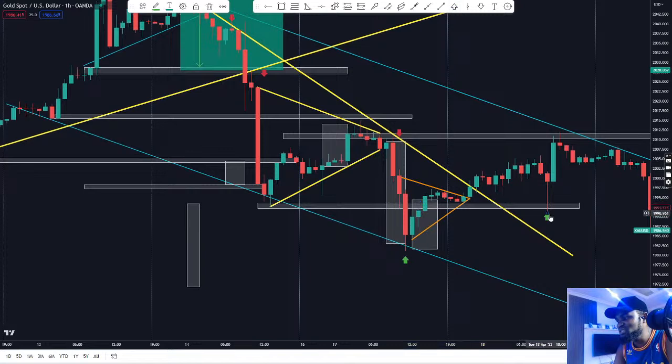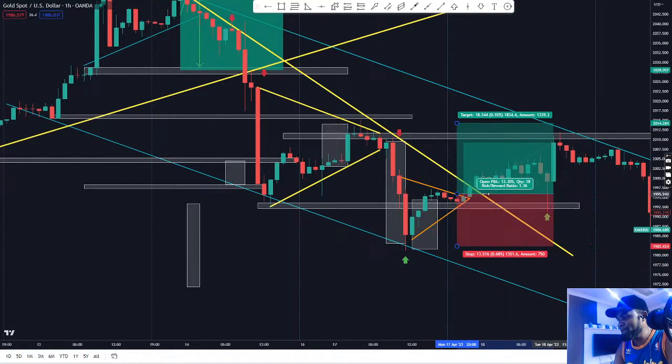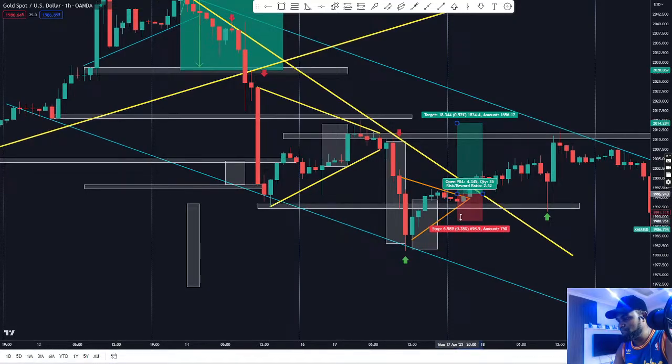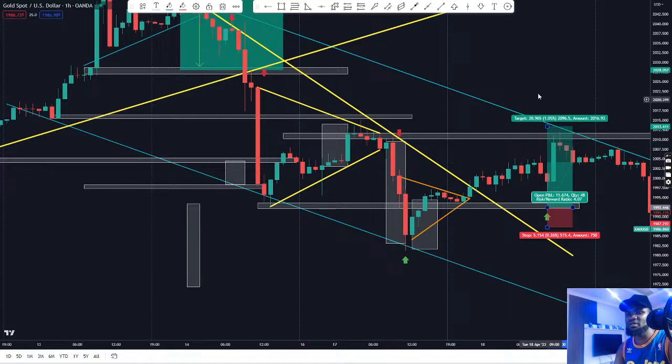From this point you are buying. So you take advantage of buying from this zone up to the 40-point line. So you reach the 40-point line here.